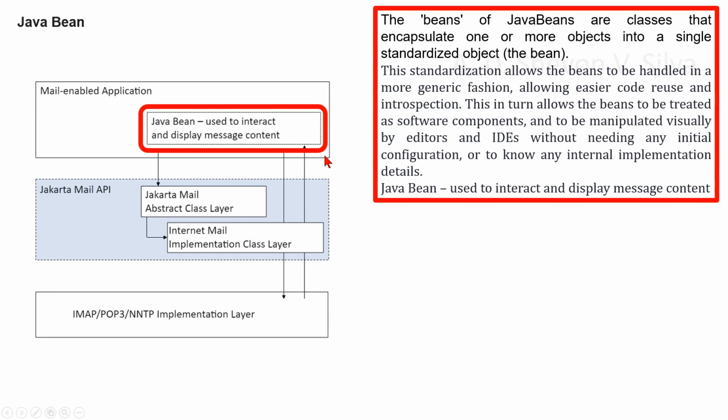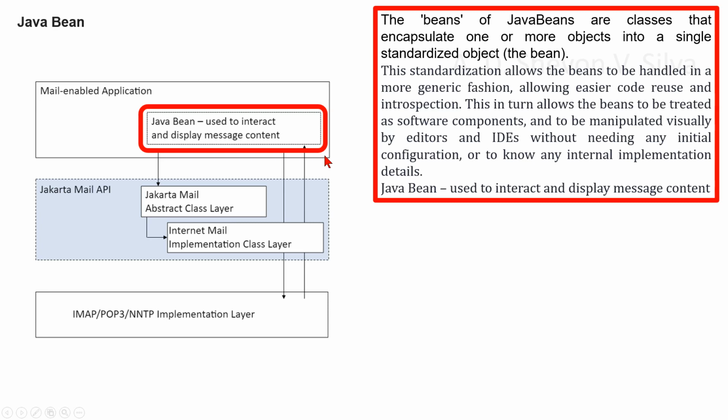This in turn allows the beans to be treated as software components and to be manipulated visually by editors and IDEs without needing any initial configuration or to know any internal implementation details.